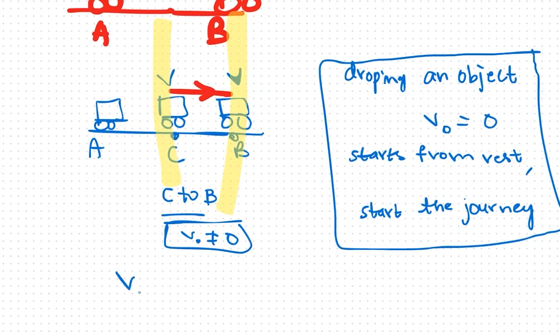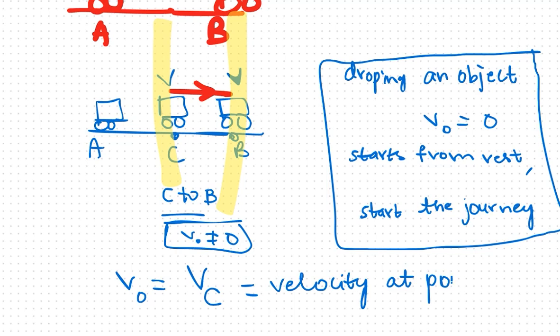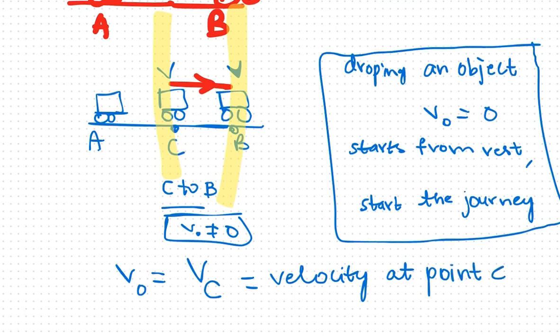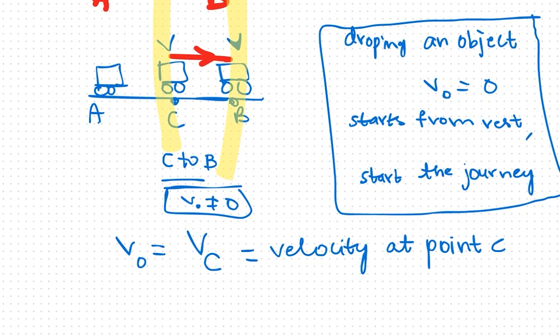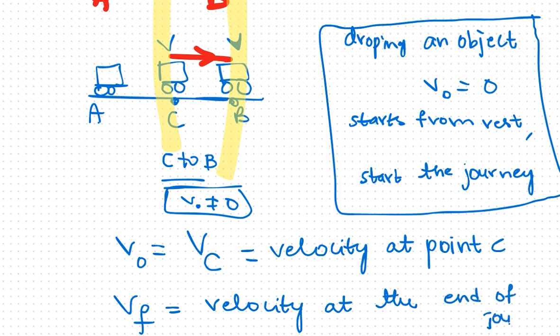So V naught is the same as the velocity at point C. Final velocity is the velocity at point B, the velocity at the end of the journey, represented as VF, V final, at B.